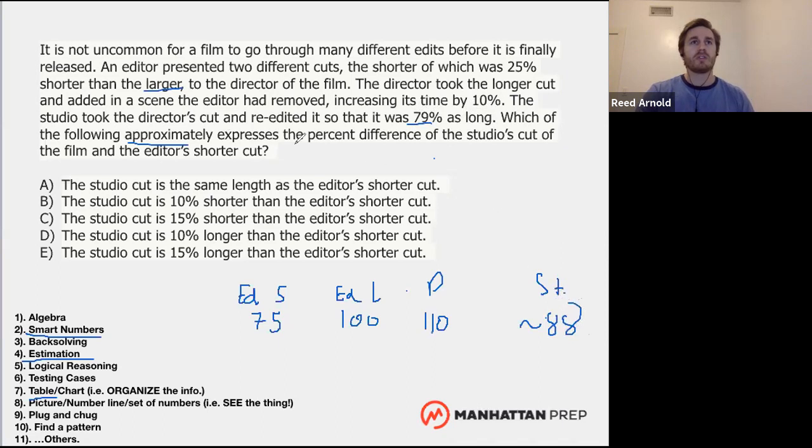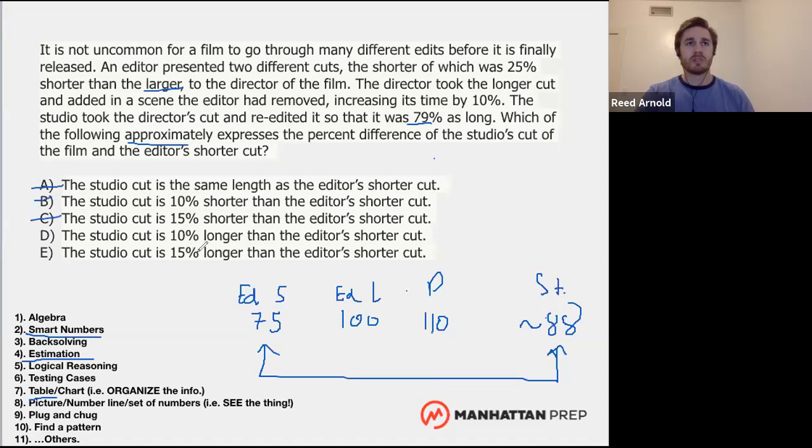And then the question is, which of the following expresses the relationship of the editor's shorter cut to the studio cut? So we're comparing 75 to 88 at this point. Well, we know it's not the same length. We know the studio cut is not shorter than the editor's cut.